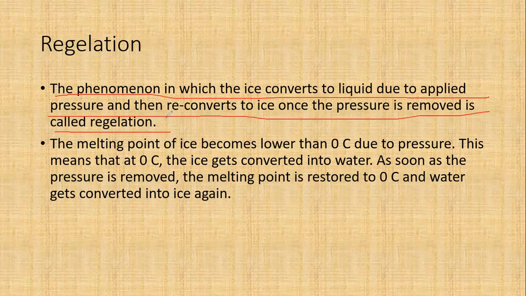The melting point of ice becomes lower than 0 degrees Celsius due to pressure. This means below 0 degrees Celsius, the ice gets converted into water. As soon as the pressure is removed, the melting point is restored to 0 degrees Celsius and water gets converted into ice again.